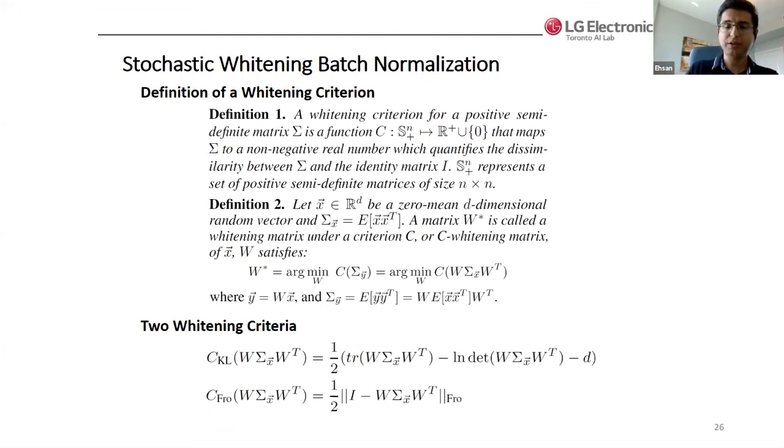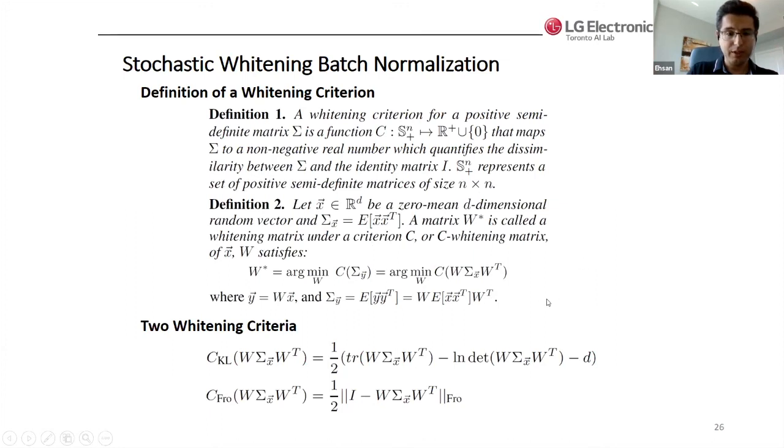This whitening criterion shows how close the covariance matrix is to the identity matrix. If we can bring that covariance matrix closer to the identity matrix, it means that it's whitened. So we first define such a criterion, and then by minimizing it with respect to W, we can obtain the whitening matrix W star.